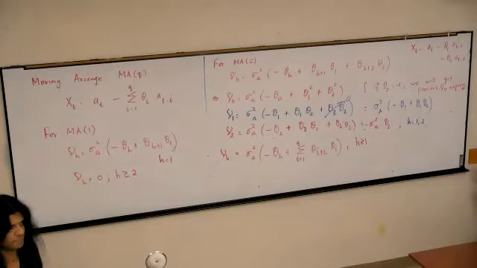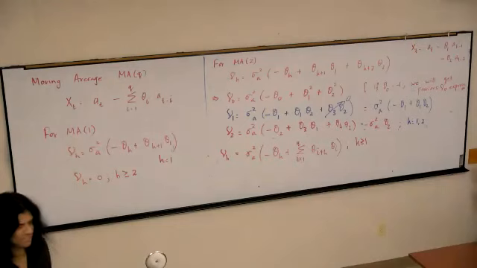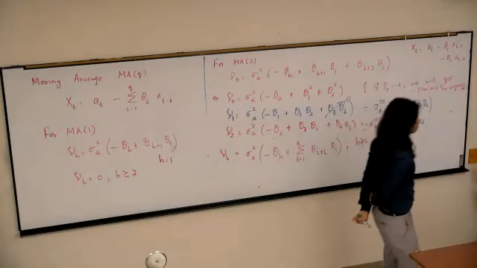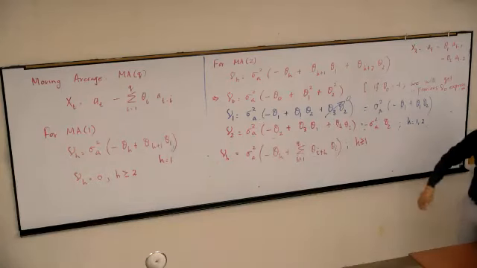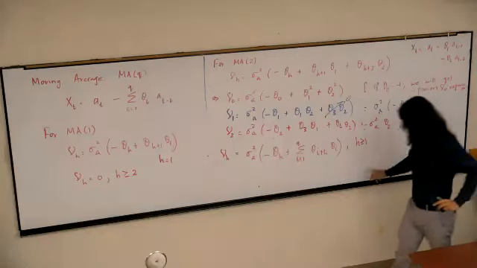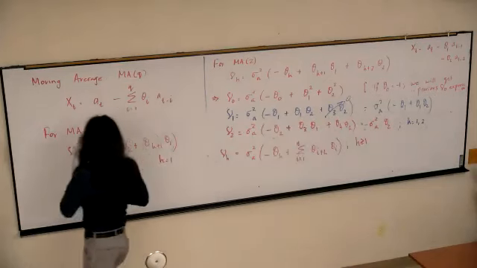Domain simply means the set of all possible values for H, because gamma depends on H. So MA1, H was 1; MA2, 1, 2. Take a guess. MA3, 1 to Q. 1, 2, 3. So for an MAQ model, H can only go up to Q.